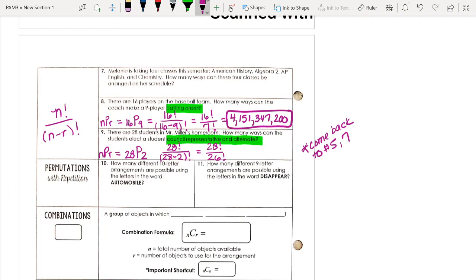Instead of just sticking it in my calculator, once they get to 26 factorial, they're going to cancel out, from 26 all the way down to 1. So I actually could just take 28 times 27 and get my answer, which is 756. Now, if you want to double check with your calculator, do 28 factorial divided by 26 factorial, and you should get the same answer.